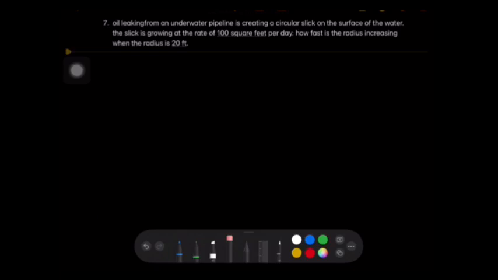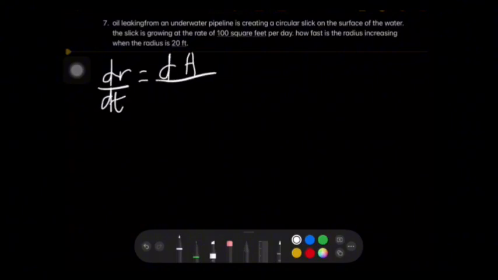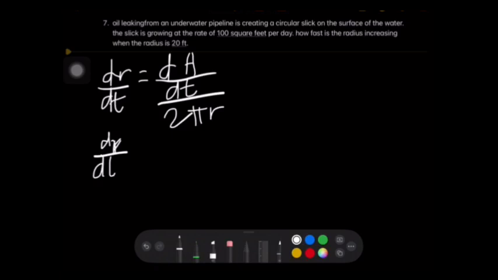So we have dr over dt is equal to dA over dt over 2 pi r. We know that the value of dA over dt is 100 square feet per day. So substitute that value, so we have dr over dt is equal to 100 over 2 pi r.